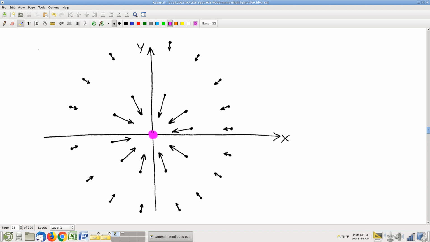Depending on where you are, different forces. You're further away, shorter. If you're in a different location, then a different direction. The picture's going to actually look an awful lot like this. So that also is a force field. That's what you would call an electric field. Again, no surprises.